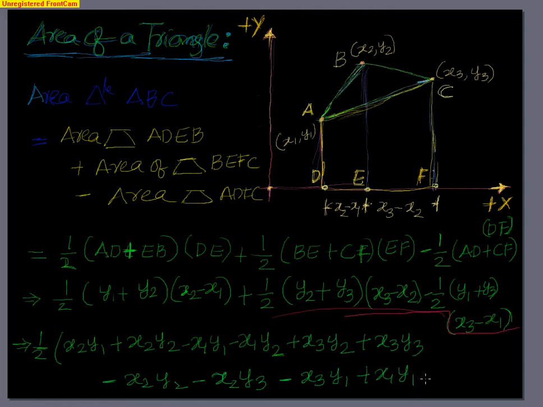minus, what I will get after that. I have done y1 into x3 minus x3 y1 plus x1 y1, minus x3 y3. Are you with me? Minus y3 into x3 minus y3 into minus x1, that becomes plus x1 y3.